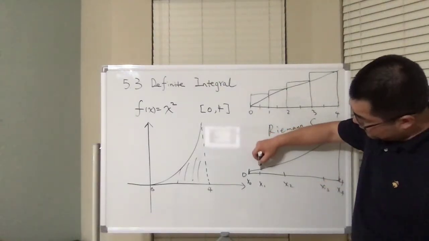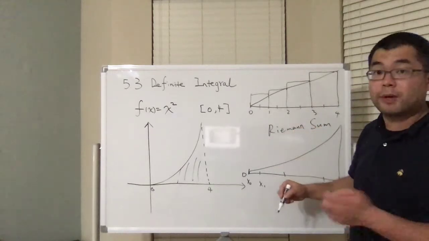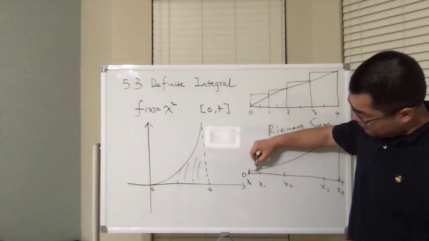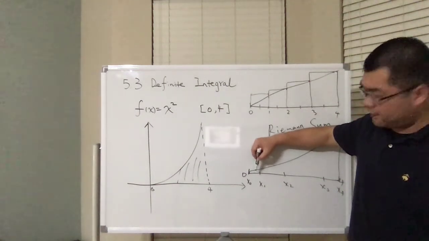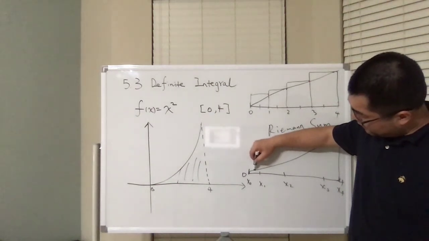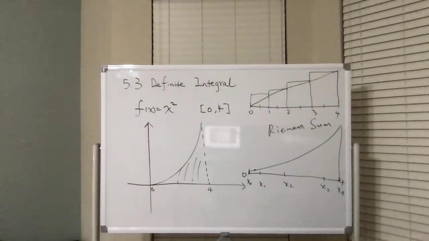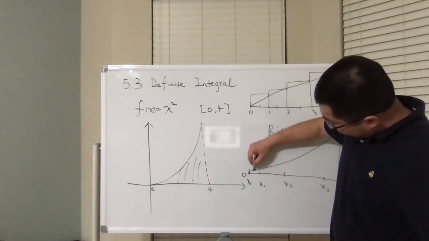Before, we used the right hand side height as the height of a rectangle, but in the Riemann sum, I can pick any number as long as it is in my first interval. Suppose I pick the height like this. Let's pick a height in the middle.